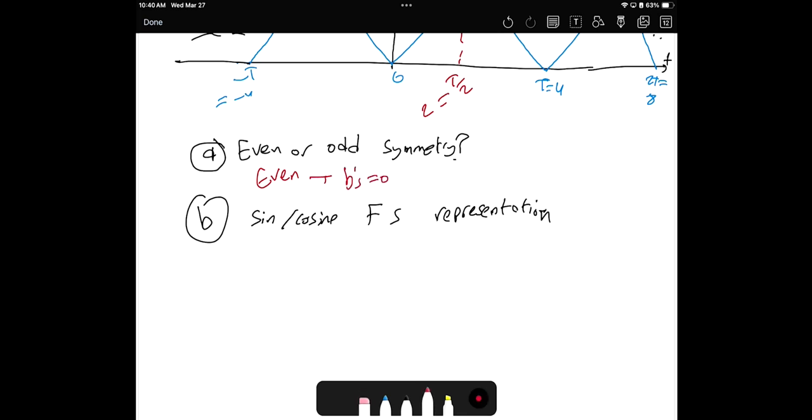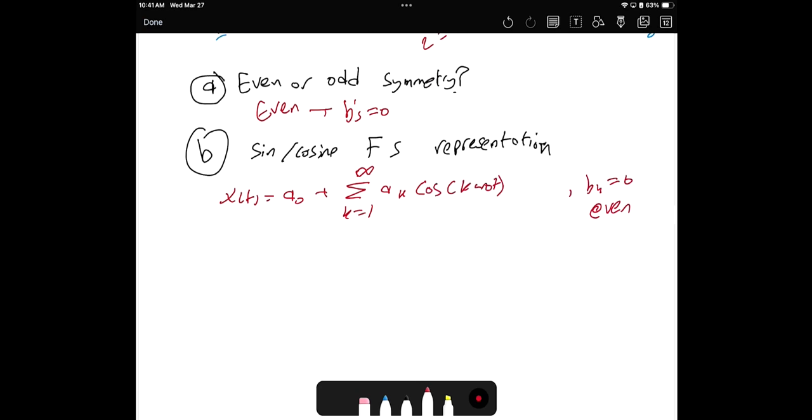So let's take the advantage. Since it's even, x of t equals a naught plus the sum from k equals 1 to infinity of a sub k cosine k omega naught t, because again, bk equals 0 because it's even. Then let's calculate a naught and ak.